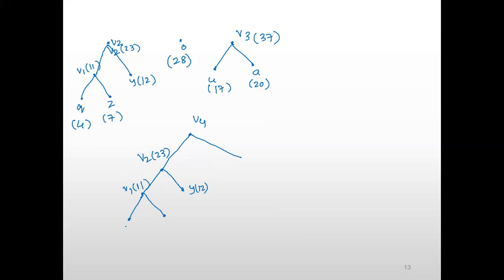This retention of the structure is very important. Z 7. Yes, here the V2 tree, V2, V1, Y, Q, Z is over.